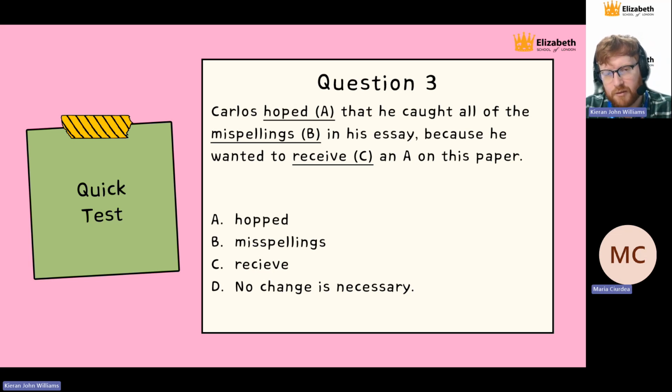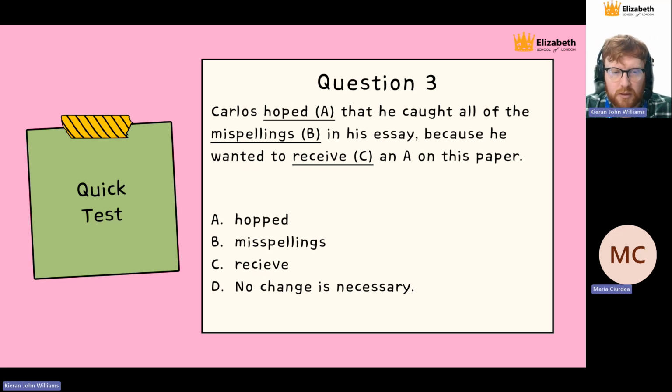Okay, so for number 3 here, do we need to change A or B or C or not change anything? Hoped, we need to add P. Well, remember in English, we do have the word hoped and we do have the word hopped, and they are separate words.